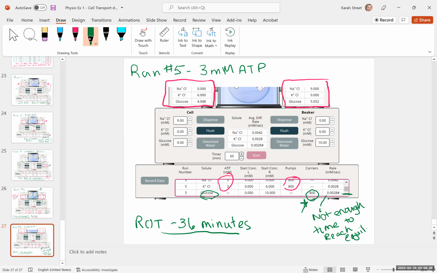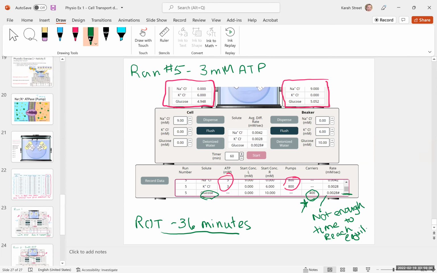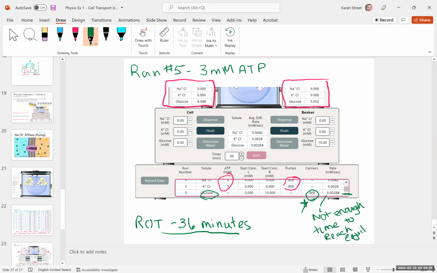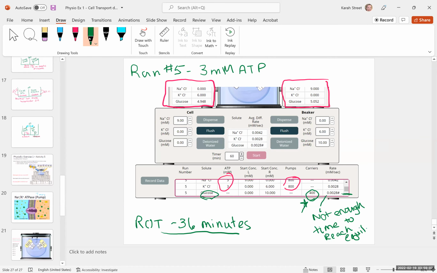Another thing to remember from our earlier activities, between activity 1 and 2, is simple diffusion and facilitated diffusion have a lot of similarities, but there are also important differences. And the next thing to remember for your lab exam, in addition to your data and the importance of the data that I went through, is you need to remember your molecular weight cutoff membranes that we played with and the solutes that we played with.